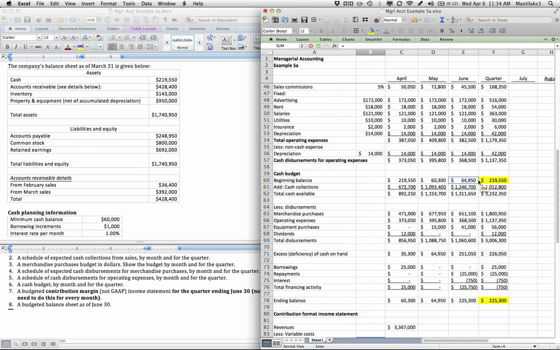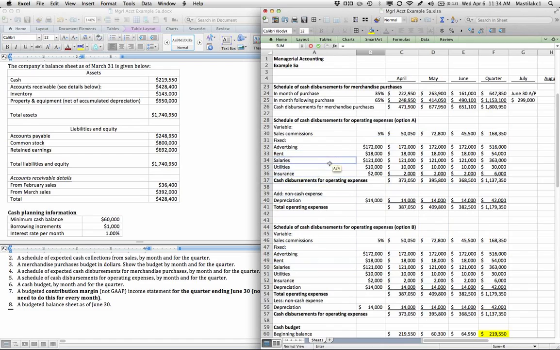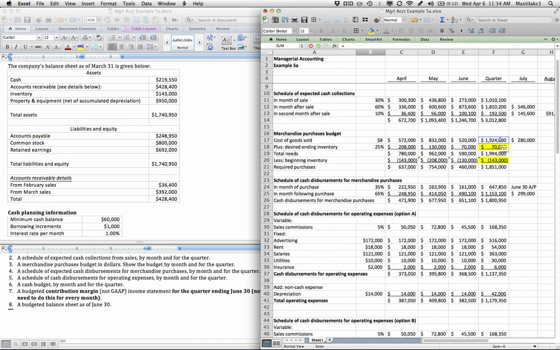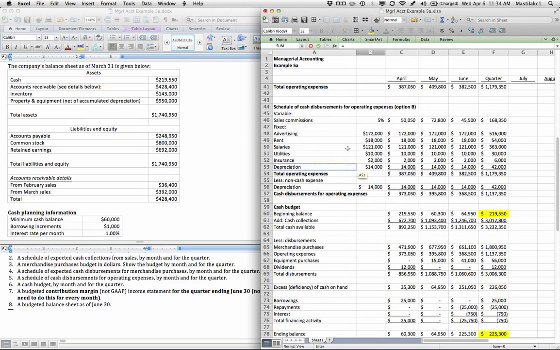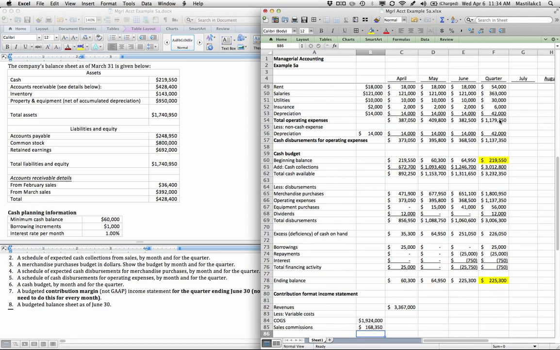So our cost of goods sold, we've already calculated. By the time you get to your ending financial statements, you've calculated pretty much all the numbers that you need already. So we're going to look at our cost of goods sold, not the amount we purchase, not the cash payments for what we purchase, but the cost of goods sold. That's going to be the amount of our cost of goods sold. Our sales commissions expense for the quarter, we've already calculated that as well.